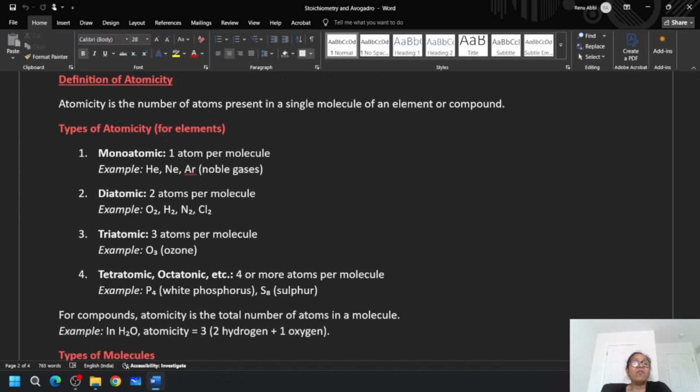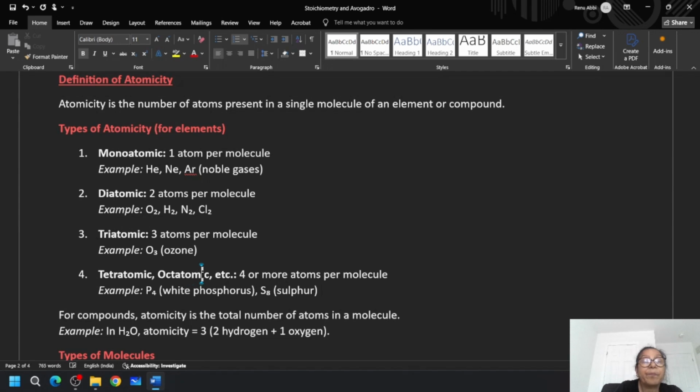Now, next is the triatomic. Tri means 3, atomic means atoms, so 3 atoms per molecule. Example, ozone. In the same way, tetraatomic and octaatomic. I've written it wrong over here. It is octaatomic. Let me correct it.